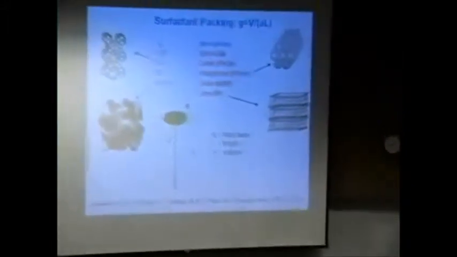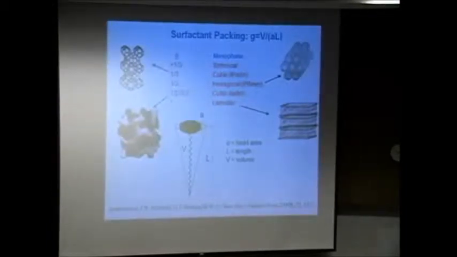So by playing with the geometry of the surfactant, you could affect different liquid crystal structures, and those were reflected in the heterostructures that you made when you carried out a polymerization at the interface of the micelle. Well, that's basically how you could control structure. The way you could control size is simply by the size of the micelle, or adding a co-surfactant that could maybe swell the micelle. So you had control over structure as well as size of the pores.